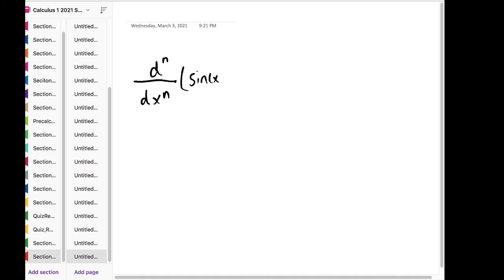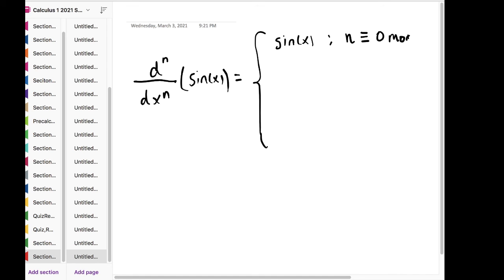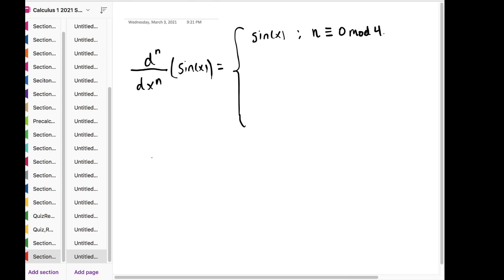So if you like formulas, then this would be a formula. It would be sine if n, not sure if anyone knows this notation, but k mod 4 means the remainder of k when dividing by 4.